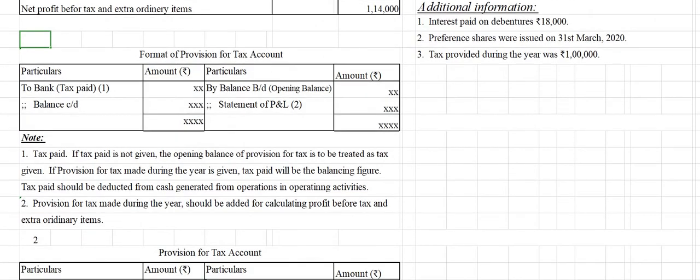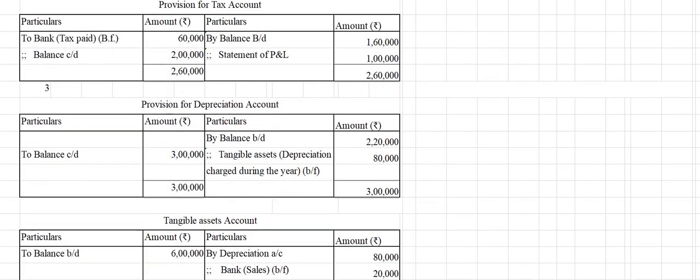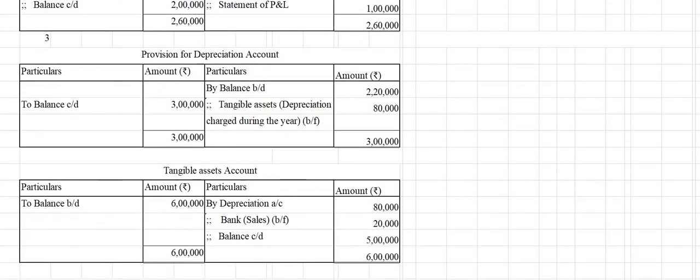This should not be forgotten. You can pause this video and write these notes. And after that we have seen how to adjust provision for tax in its account in the actual example. And after that we have seen how to prepare provision for depreciation account and related asset account. So these are the most important things we have seen here.